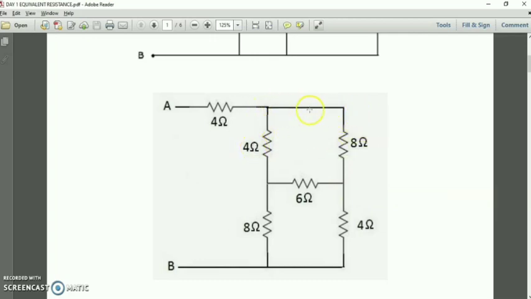There is nothing in between the other two ends. That means that this is actually forming a delta. So we need to identify the equivalent delta. So we should take this as a delta and convert it to a star and then we should do it accordingly. Now we will be moving into the solution.